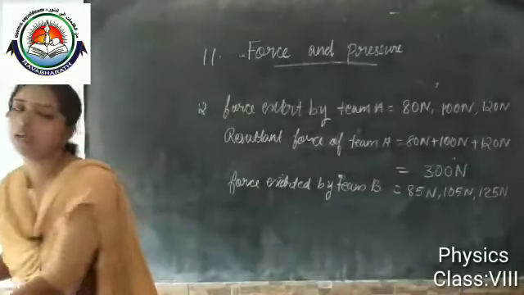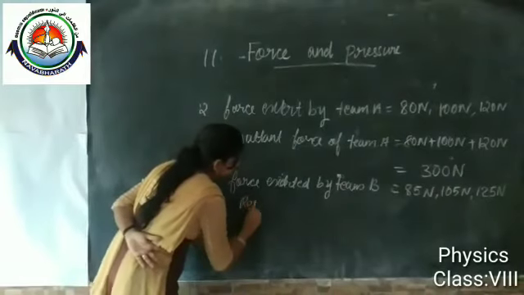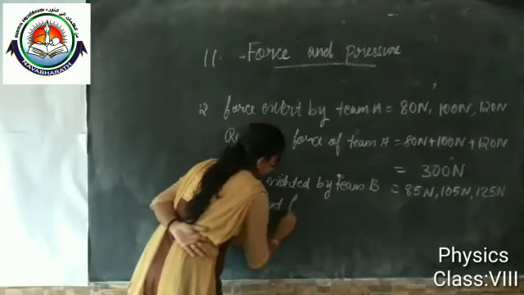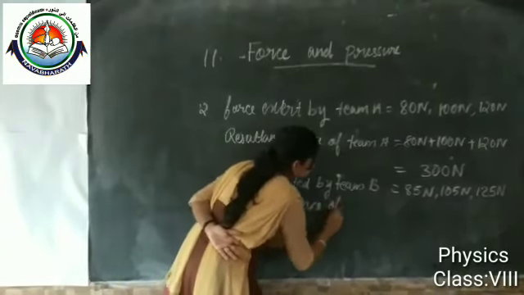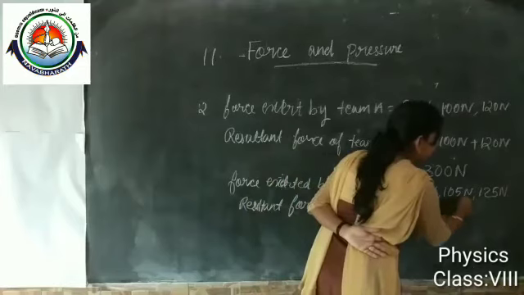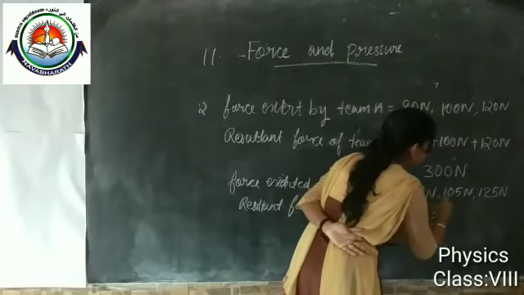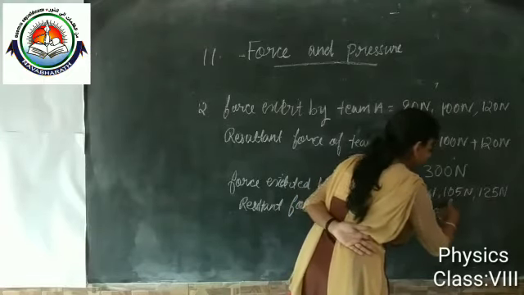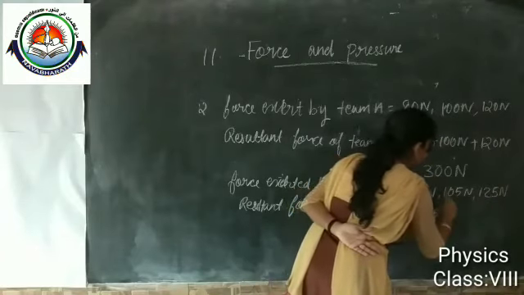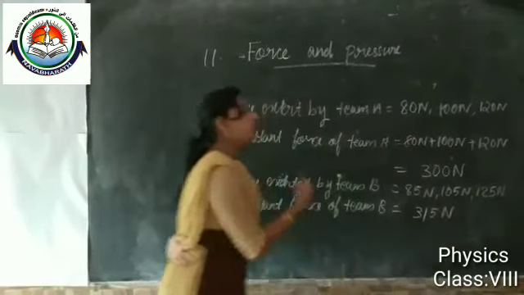Okay, so we have to find out the resultant force of team B. It is equal to 5 plus 5 plus 5, 15. So 5, remainder is 1. 8 plus 1, 9. 9 plus 2, 11. 1, remainder 1, so 315 Newton.